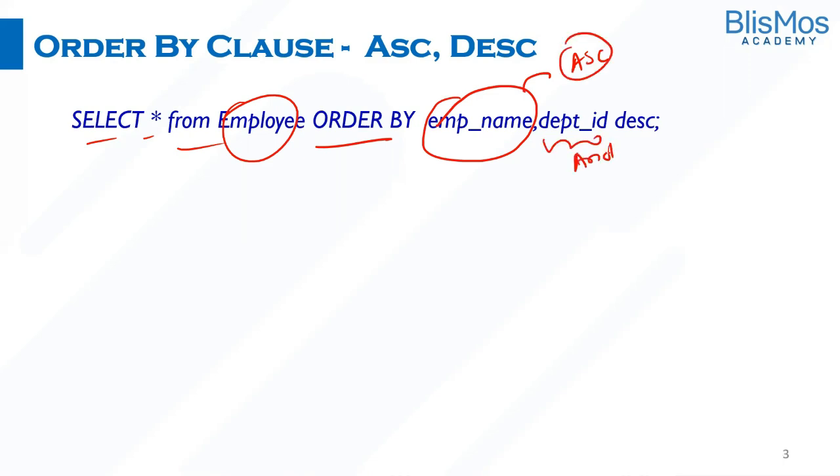This is another column, and I'm specifying the keyword DESC, that is descending order. That means sort this particular column in ascending order, and sort this particular column in descending order. But as we always indicated, the first column takes the priority. Means this will be sorted first, and within those values, sorted next by the second column.